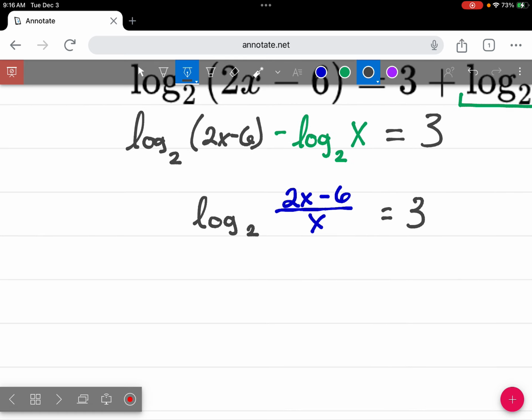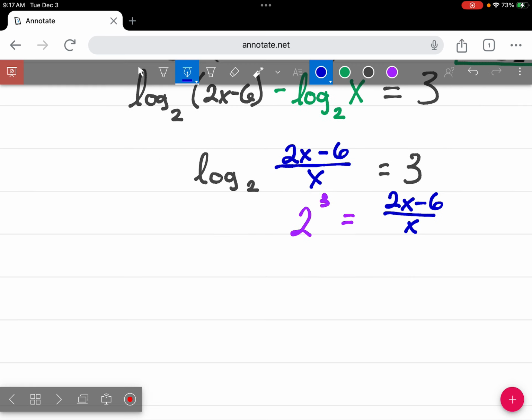Now what can I do? Switch this out of log form. 2 cubed equals our whole argument, that fraction, our 2x minus 6 over x. What is 2 cubed? 8.